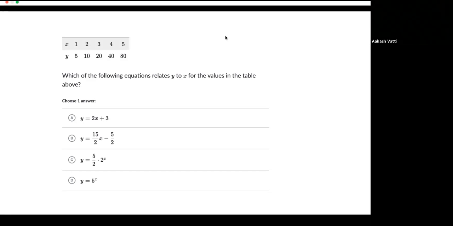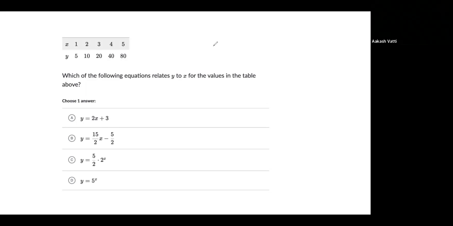All right, so for this problem, the answer is C. So most of you have got that right. The reason it's C is, first thing you can tell is it's exponential, because every time you go up 1 in x, you multiply y by 2, times 2, times 2, times 2.